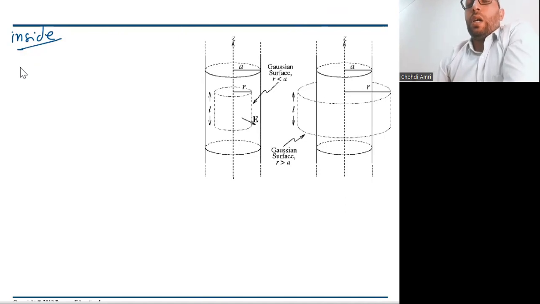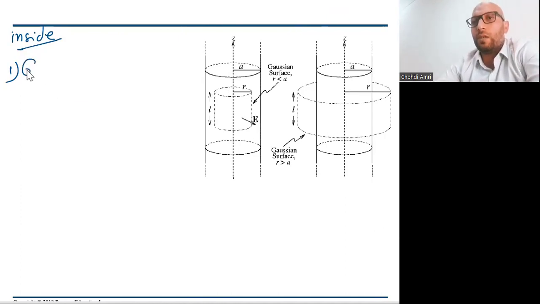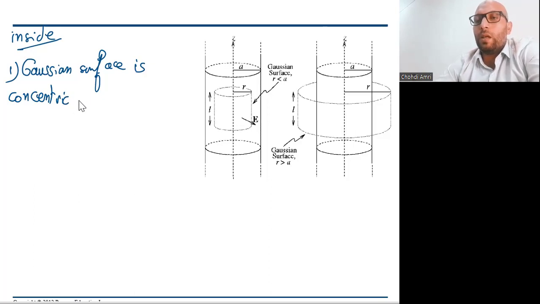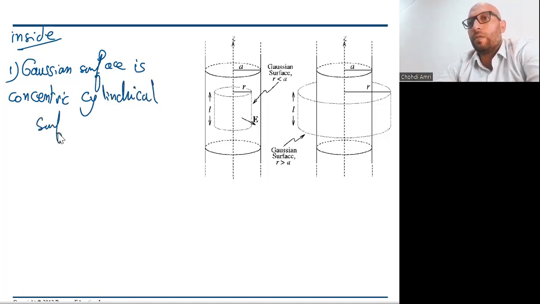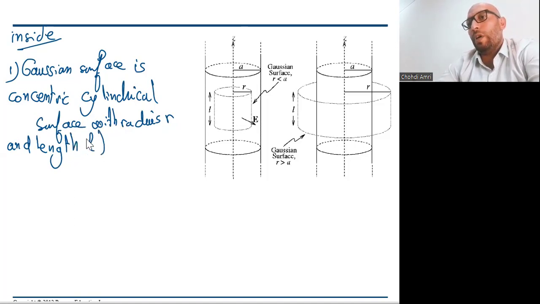Gauss's law said what? At first, we have to define the Gaussian surface. The Gaussian surface is a concentric cylindrical surface with radius r and length L. Very good.